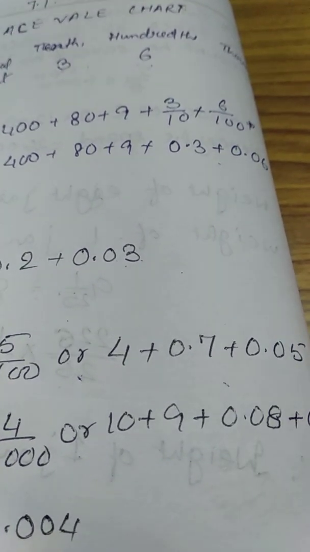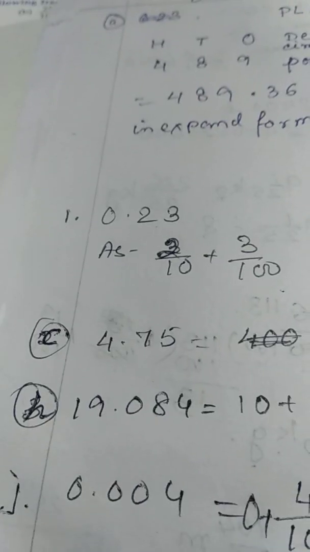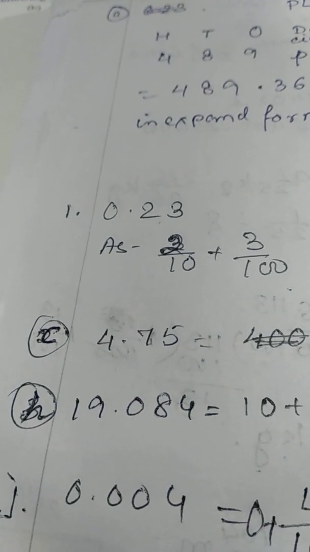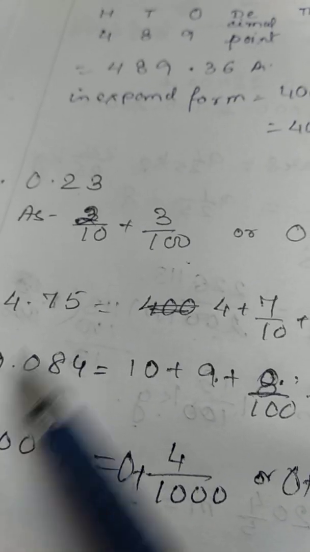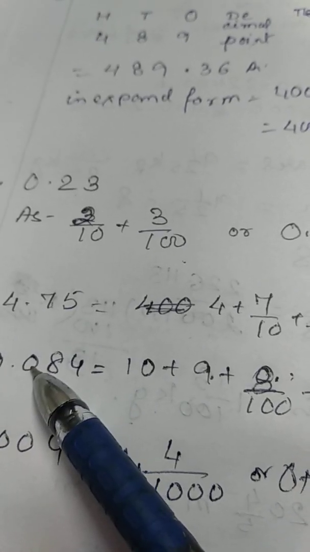Okay, let's do the next. 19.084. For 19, 10 plus 9 plus, here there is 0, so I don't have to write 0 by 10.